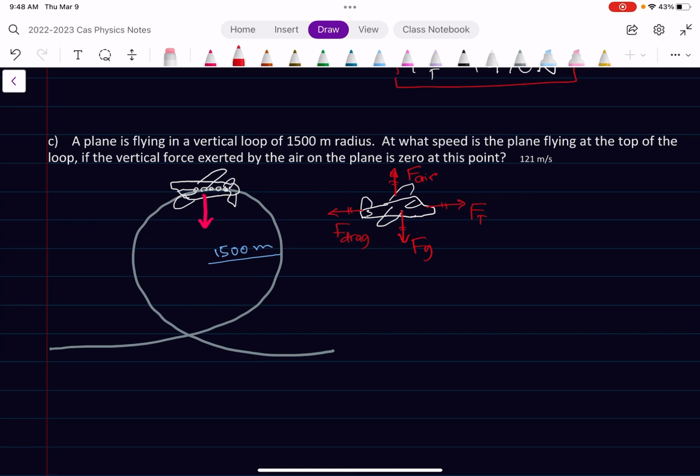Okay, but then this plane is just going to continue at a constant velocity in a straight line forever until some other force acts on it. So what happens is that the pilot decides to do this loop, and he changes the shape of the wing through his controls, and that causes this force of the air to get much bigger.